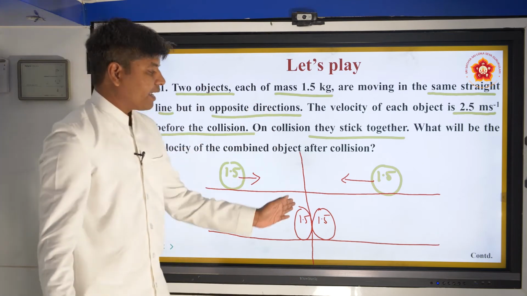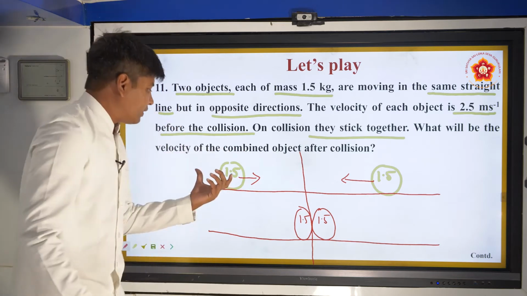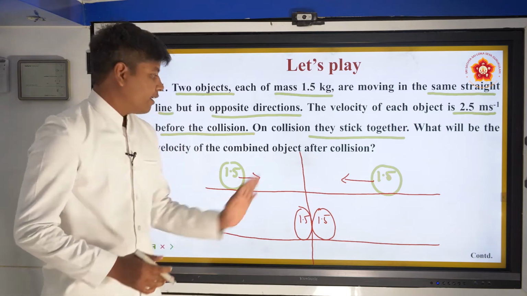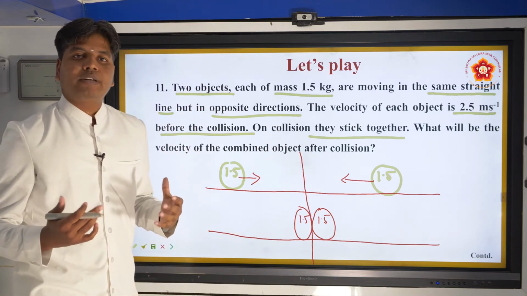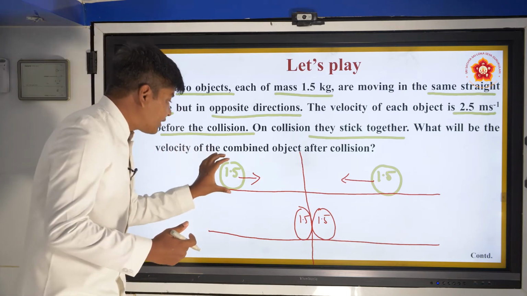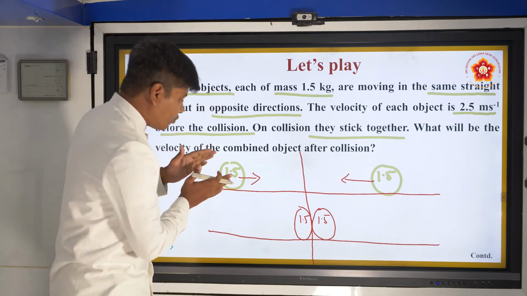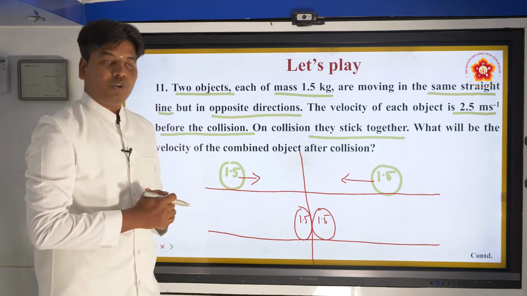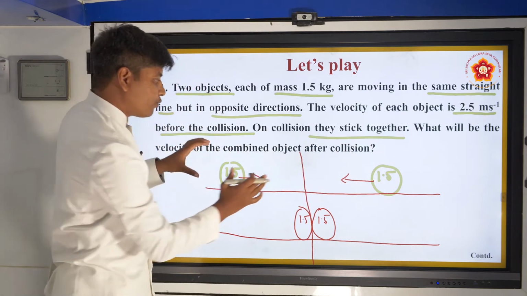It is a vertical plane which divides an object into two halves. So this becomes a mirror image of this object, right? If you put a mirror here and see this object, you cannot differentiate between this object and this object, right? Because it is having the same mass and it is moving with the same velocity and both are approaching each other. So this is identical to this object. The situation is very much identical.